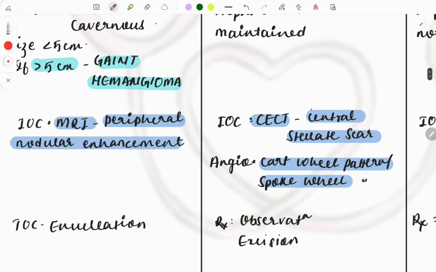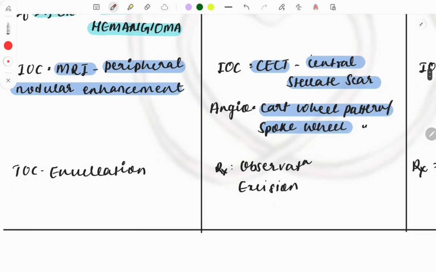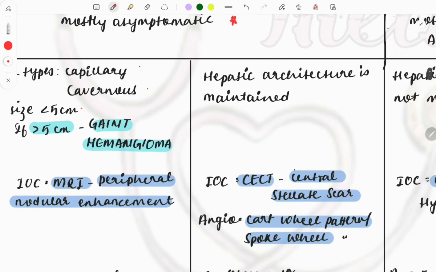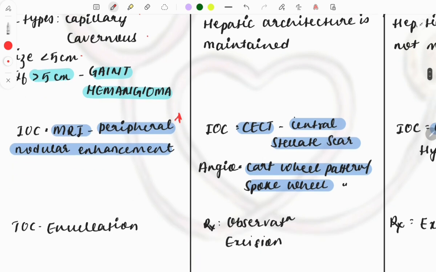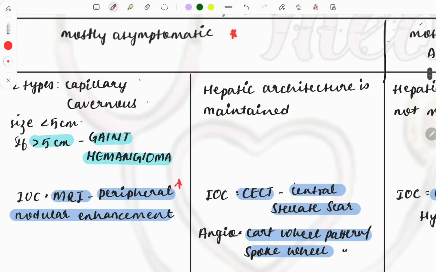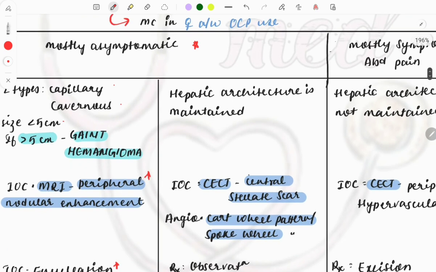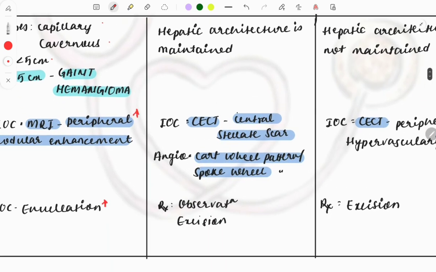The investigation of choice is MRI. On MRI you can see peripheral nodular enhancement, and the treatment of choice is enucleation. So the things you must remember from this are: MRI is the investigation of choice, and treatment is enucleation.